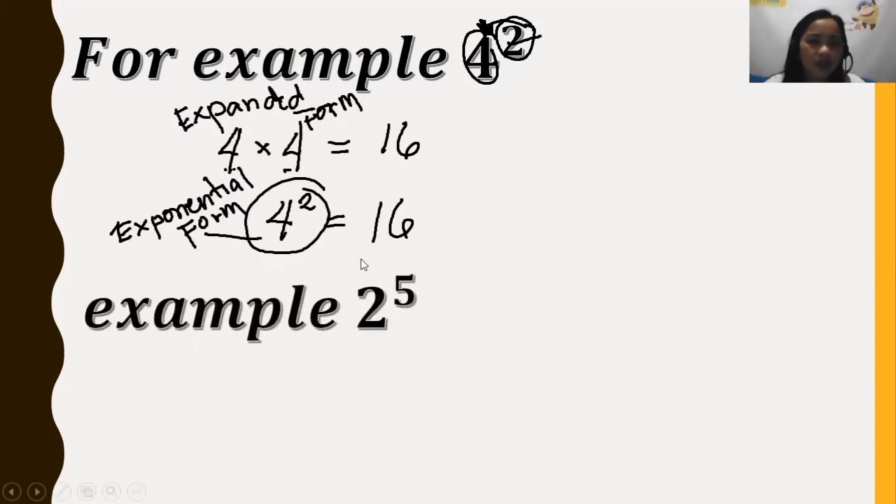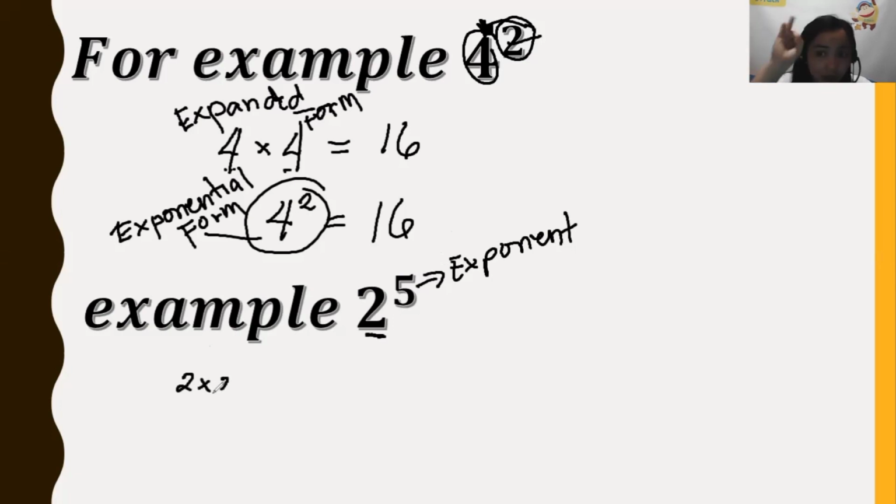What if we have the example 2 raised to 5? Now we have here 2 as our base and 5 as our exponent. Meaning, how many times are you going to multiply 2 by itself? That means 5 times. So we have 2 times 2 times 2 times 2 times 2.